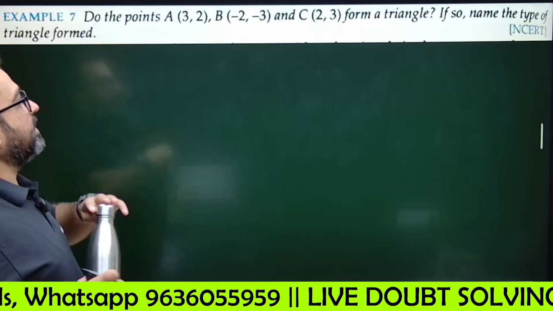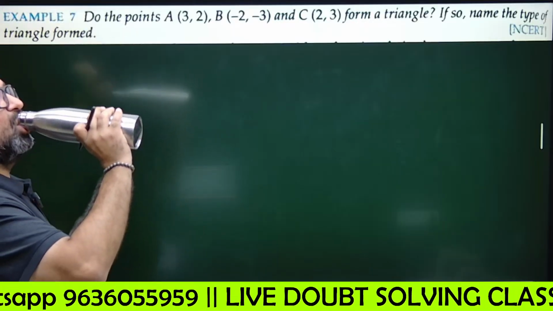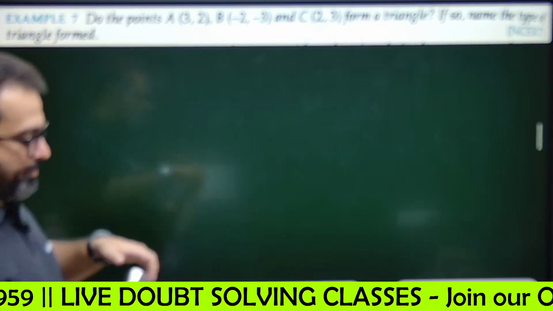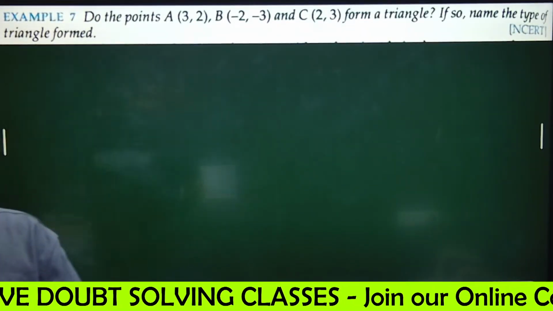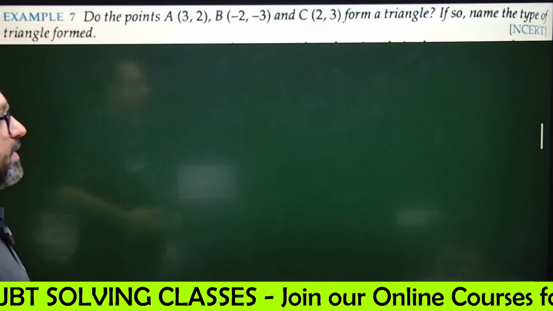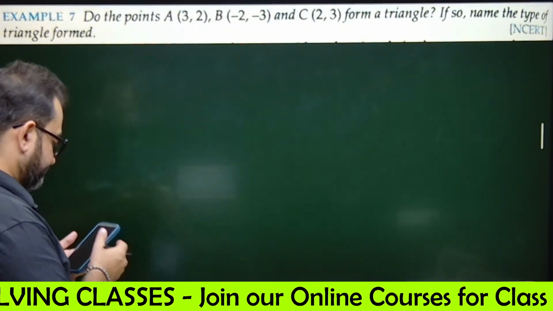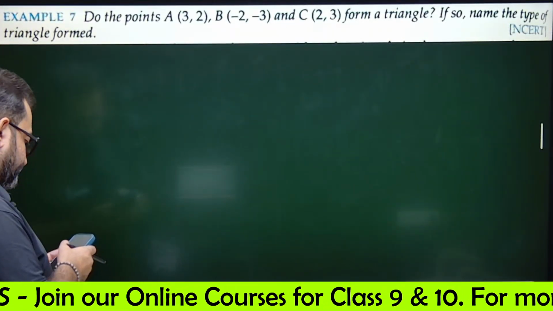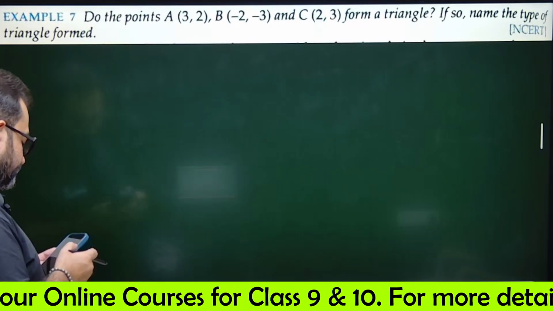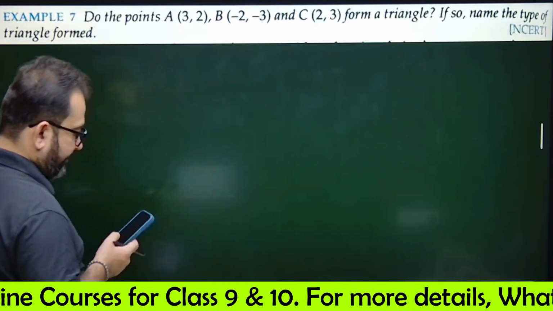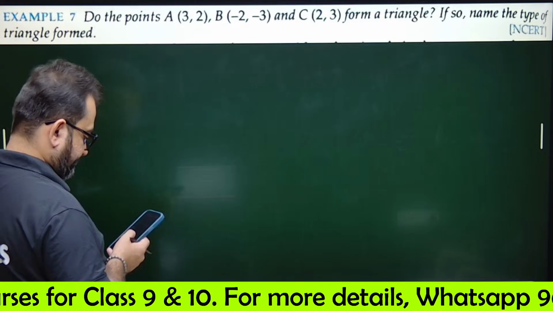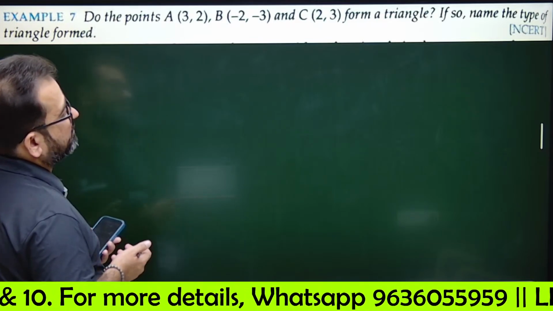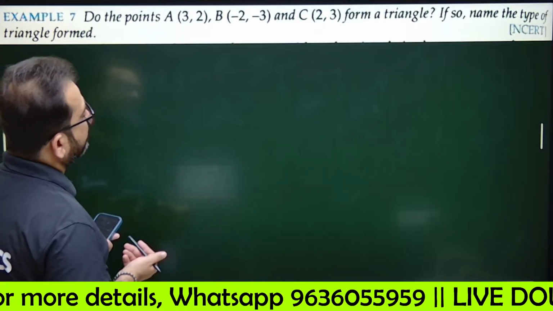Do the points A, B, and C form a triangle? If so, name the type of triangles so formed. 3 points are given. They are saying, do the points form a triangle?